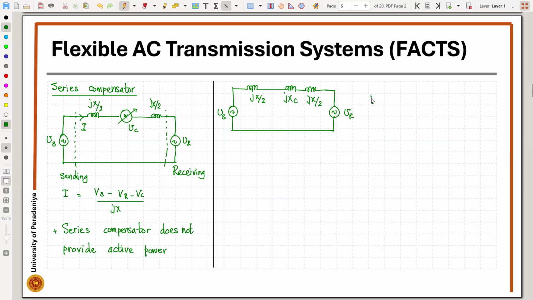If that is the case, we can write the current as Vs minus Vr divided by j times X minus Xc, where Xc is the compensated reactance. Now this Xc can be positive or negative.